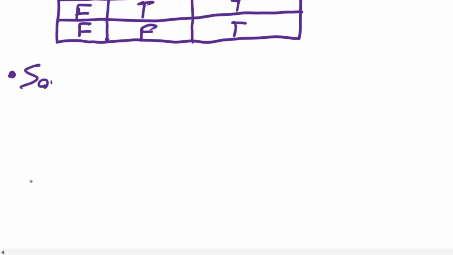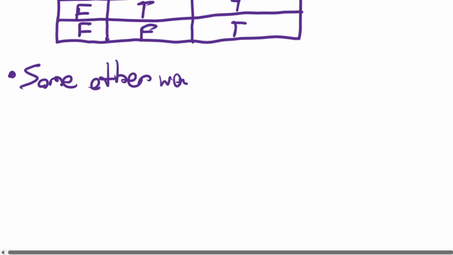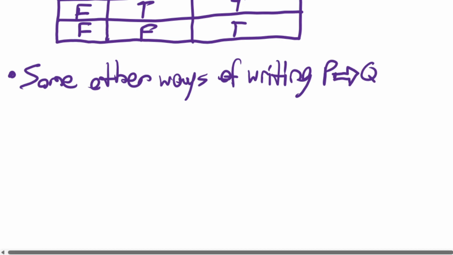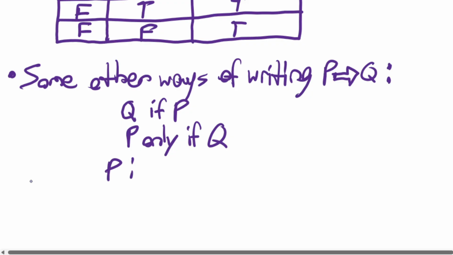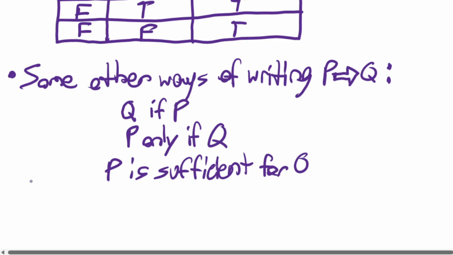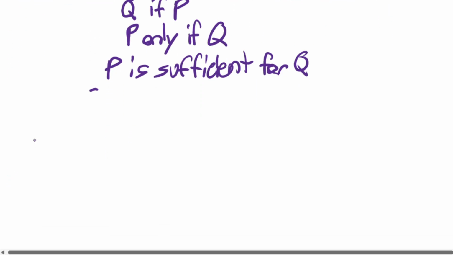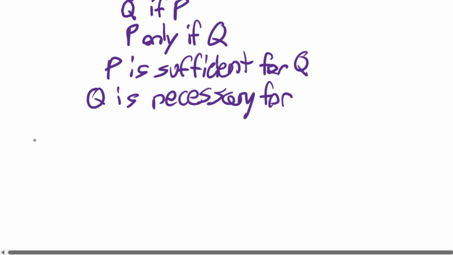Another note, some other ways of writing P with an implication to Q. We can write it as Q if P, P only if Q, P is sufficient for Q, or Q is necessary for P.